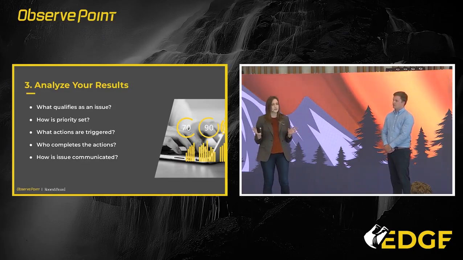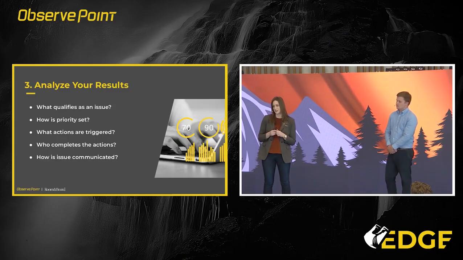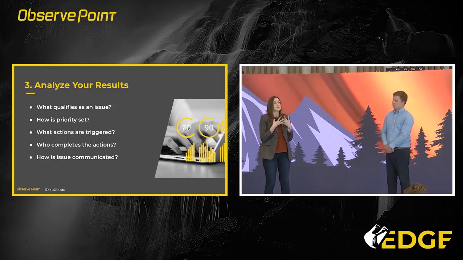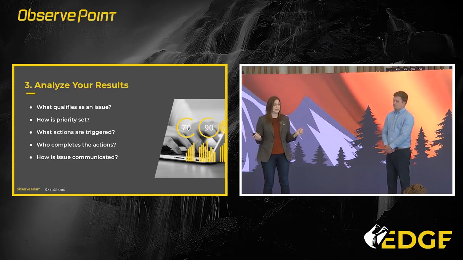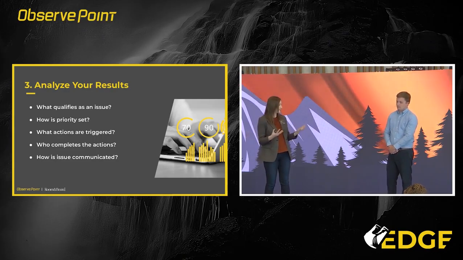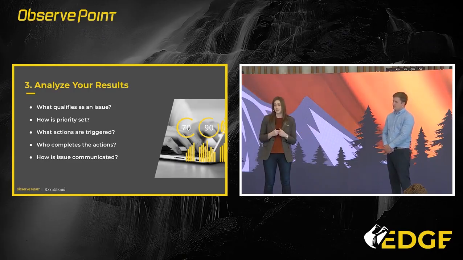So first question, what qualifies as an issue? What is an issue? In ObservePoint, they collect so much data that you could have millions of types of issues by the time you're done, but it's really figuring out what's important to your business. Is it the fact that you have a privacy policy link missing on a page?